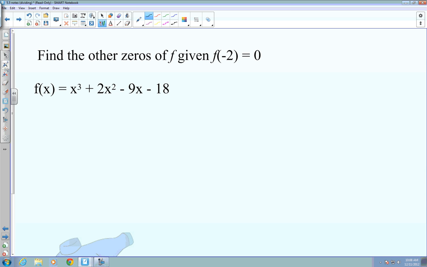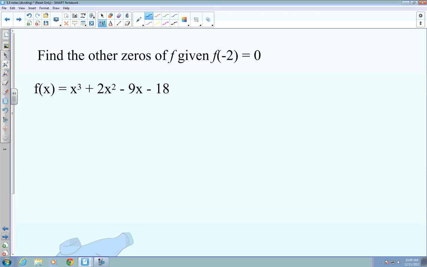It says, find the other zeros of f, given that f of negative 2 equals 0. So that's going to be your directions. You're going to be given a number that you know is a 0 of that polynomial, and you need to find the other zeros. This is an equation. When you set it equal to 0, you guys know how to do this too.